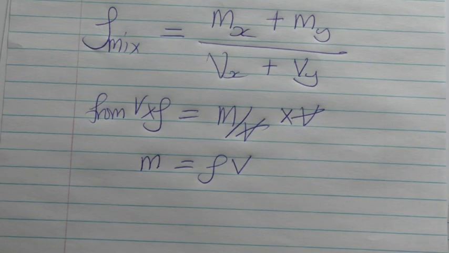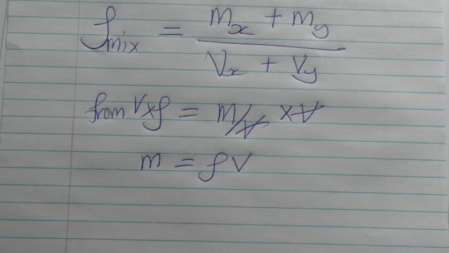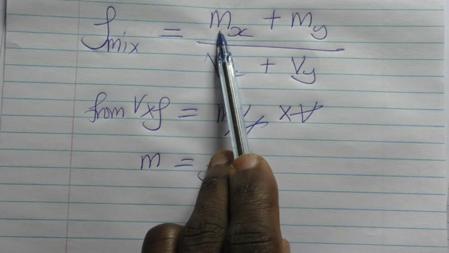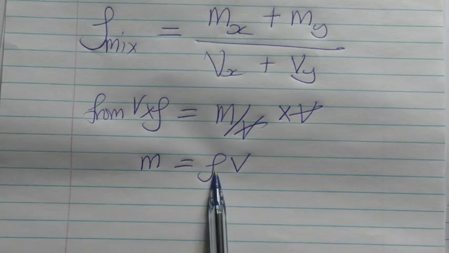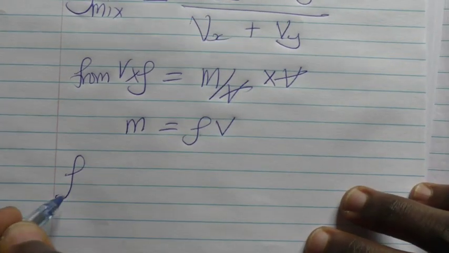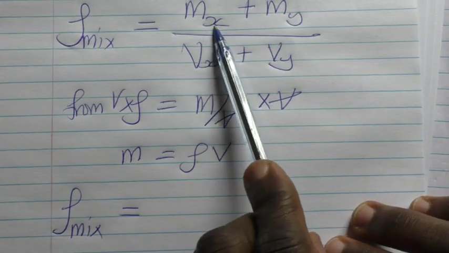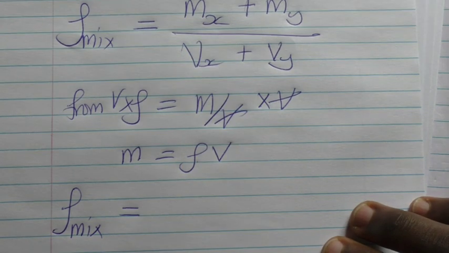And we can substitute for mass in our formula. Where we have mx, we substitute with this. Hence, the density of the mixture will be, instead of writing mass mx, we shall use this.